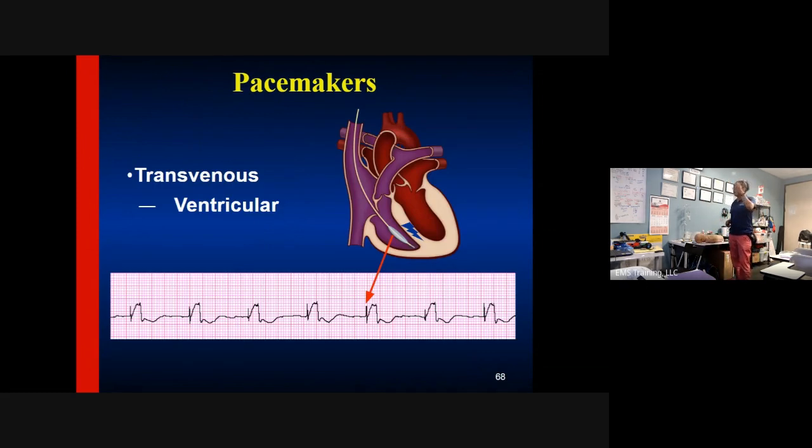Ventricular pacemaker, how we know it's ventricular is that we have a little tiny spike like you see here, followed by a wide QRS. Always, 100% of the time, if it looks like that, tiny spike followed by wide QRS, the pacemaker is ventricular in origin.